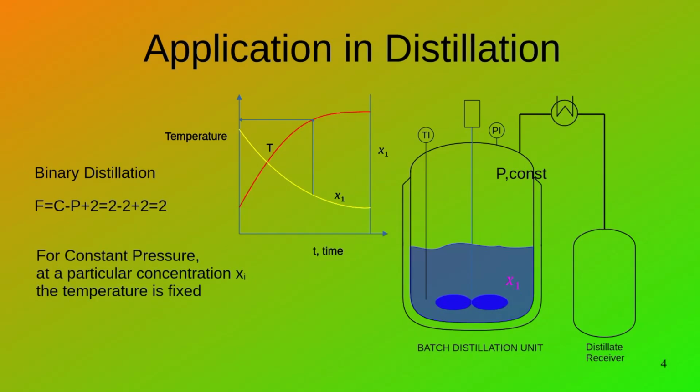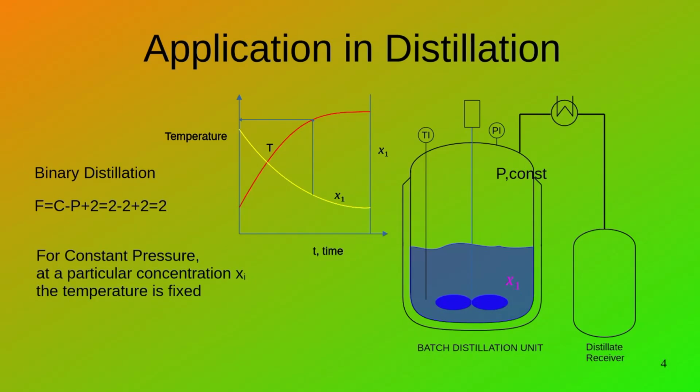Now the consequence of applying the Gibbs degree of freedom equation to this is that if the pressure of distillation is fixed, for any concentration, using the degree of freedom rule, we can conclude that the temperature of the still will also be fixed or unique.